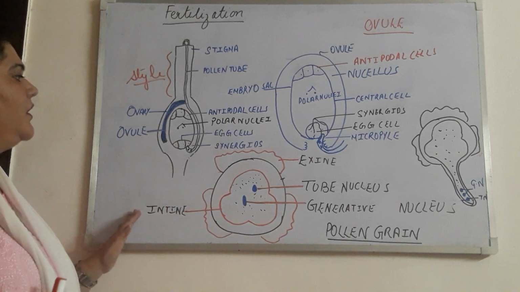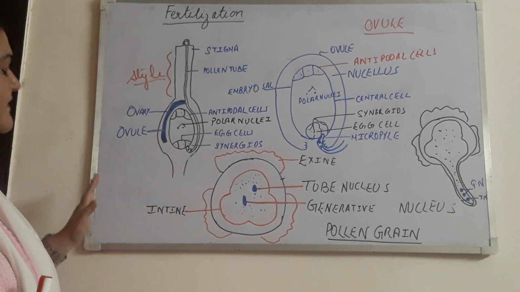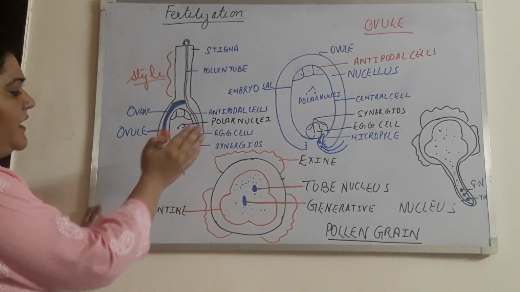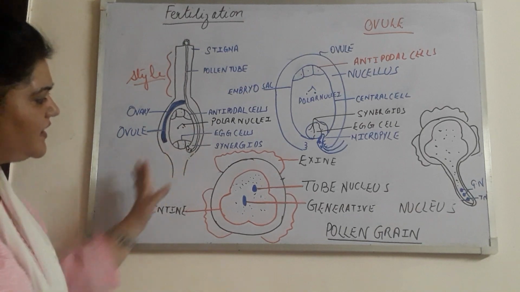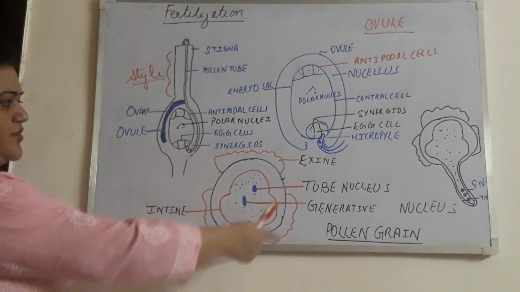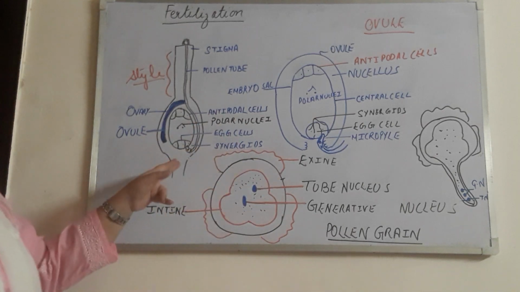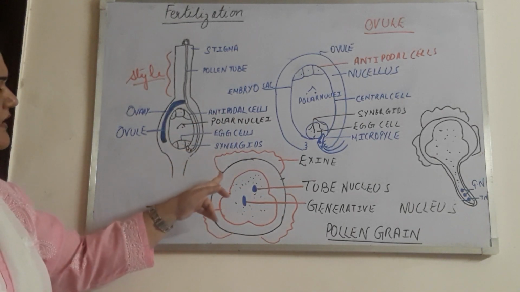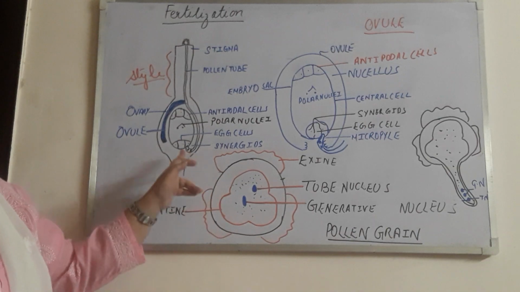Now, before I proceed towards the fertilization, I would like to explain to you the structures of the pollen grain as well as ovule. This is the structure of pollen grain. A pollen grain is made up of a double layer or double wall.